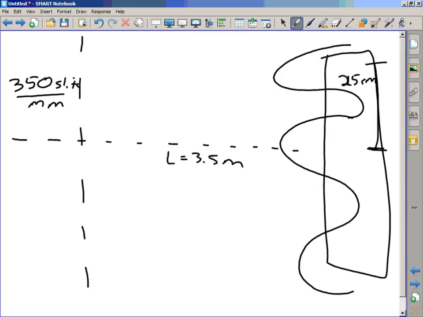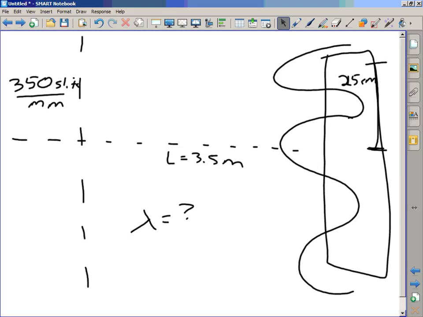How I have it drawn up, how you're going to have it in lab, we'll have it right. What is the wavelength of light?